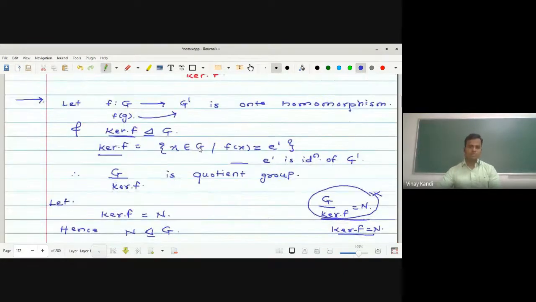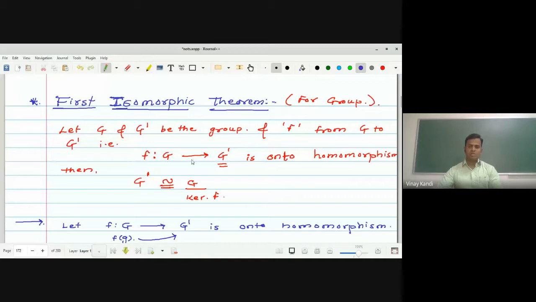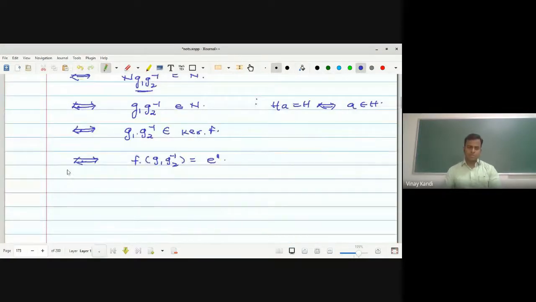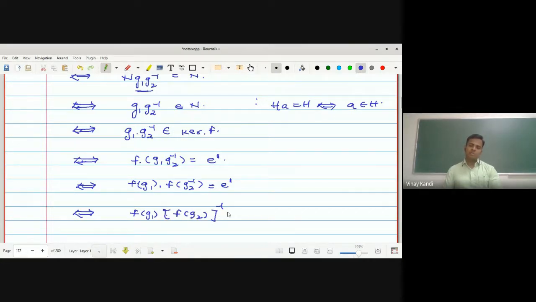Hence, this implies and is implied by f of g1 dot f of g2 inverse is equal to e dash. So this is f of g1 into f of g2, whole bracket inverse, is equal to e dash.